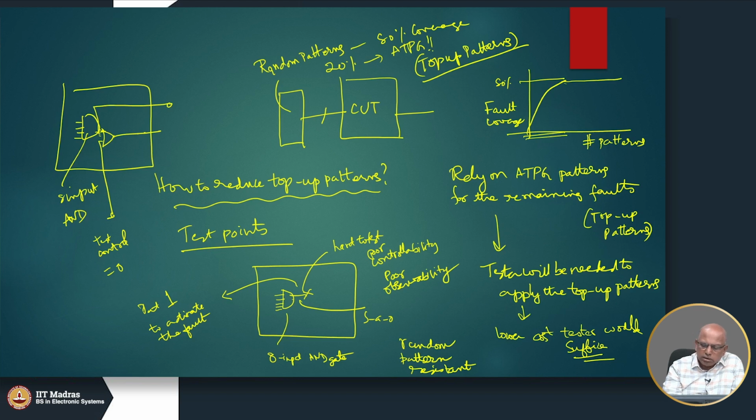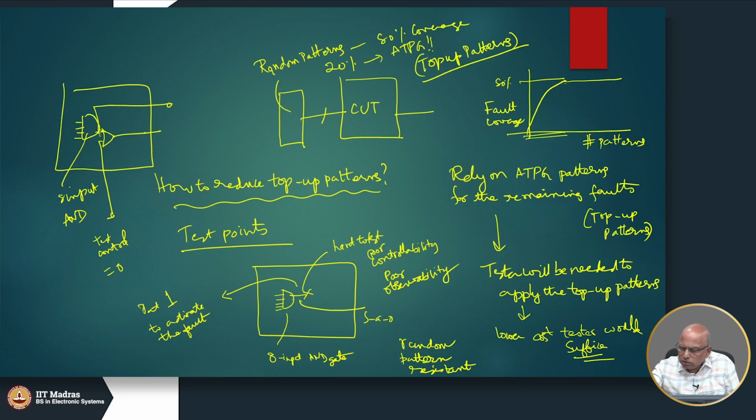That will improve the testability, and that would reduce the number of top-up patterns. We can reduce the number of top-up patterns because now random patterns are able to detect. So, that is the main advantage of test point insertion.